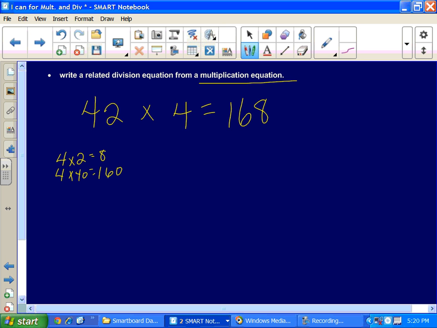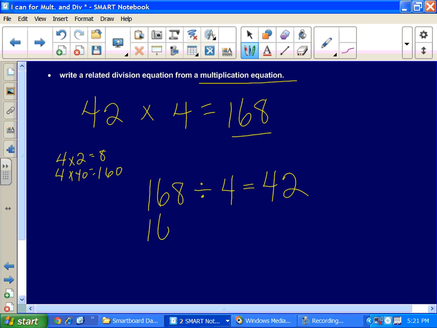So what we're doing is we're taking this and writing this using the same exact numbers, 168, 4, and 42, and writing a related division equation. So remember, division is the opposite. So we take that total amount, 168, and if we divide it by 4, we will get 42.